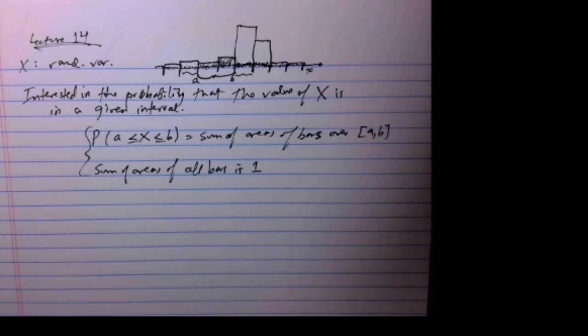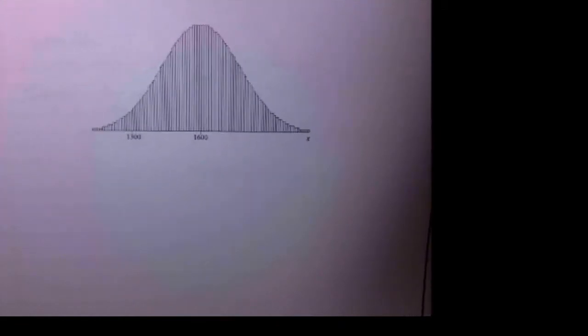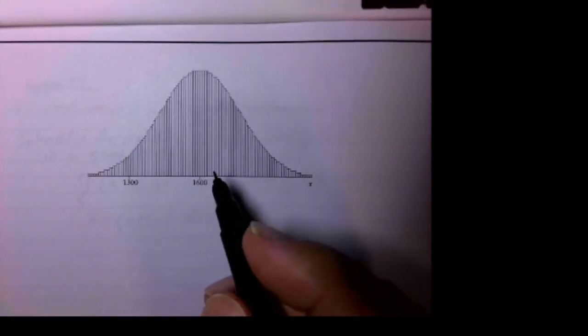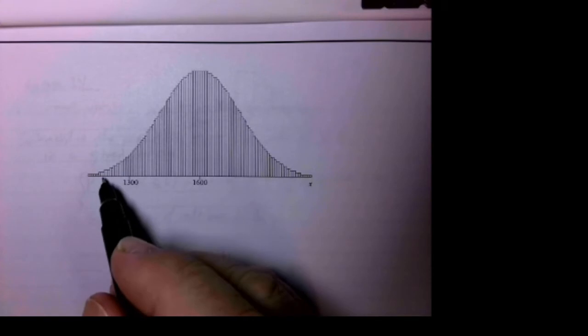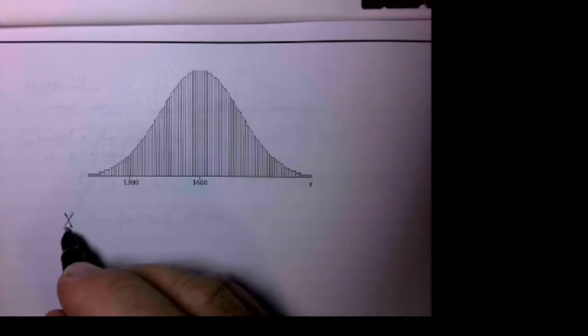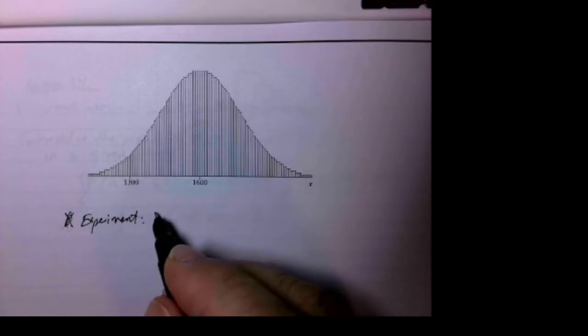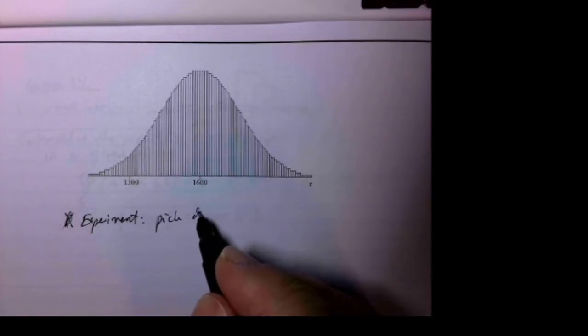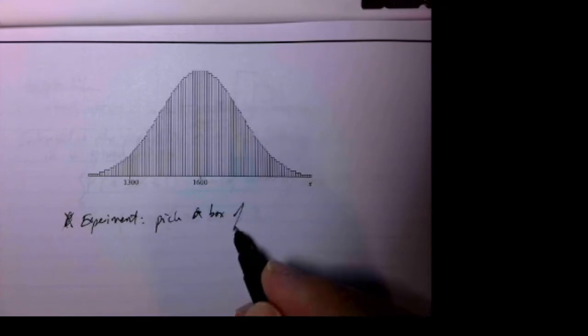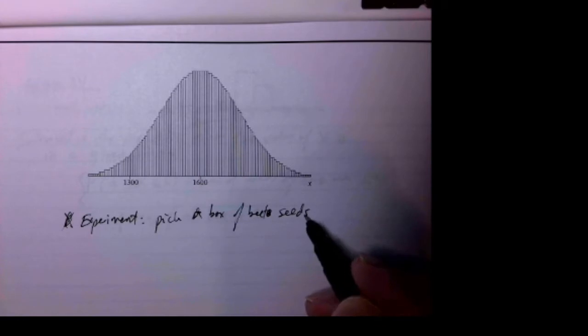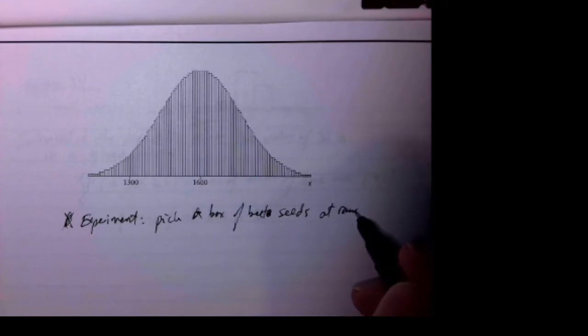Okay, let me show you a picture, a computer-generated picture that's considerably nicer than the one we just saw. Maybe we could think about this as being the experiment here: to pick a box of beet seeds at random.